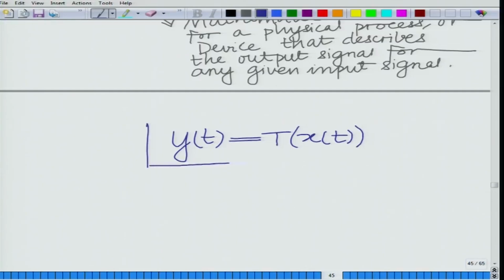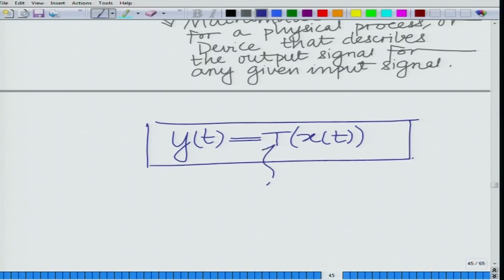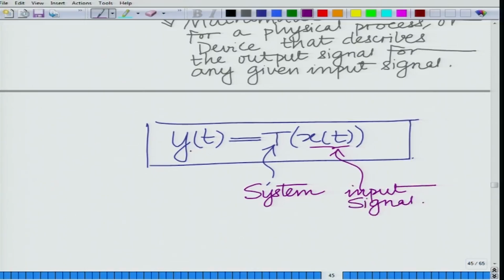This is one of the most frequently used representations, where T captures this physical process or the system, x is the input signal, and y is the output signal.